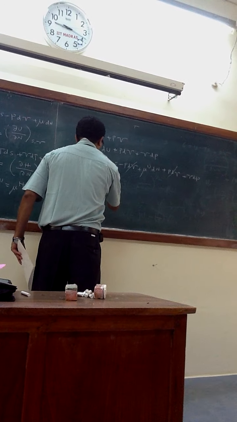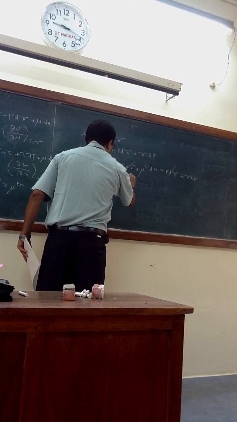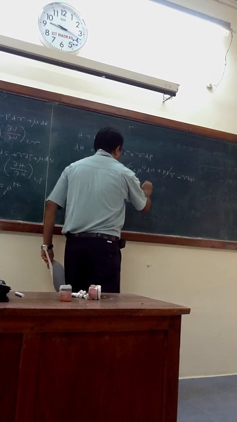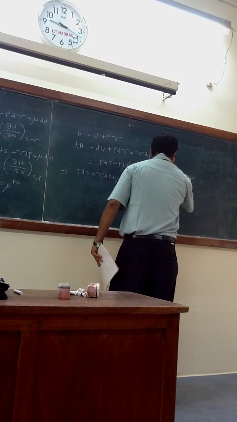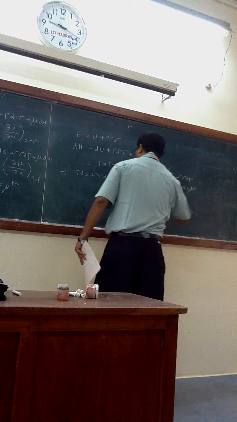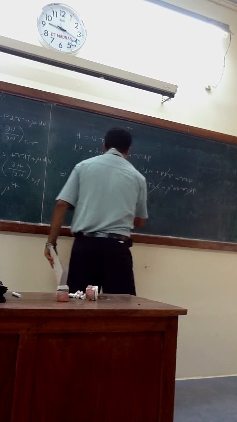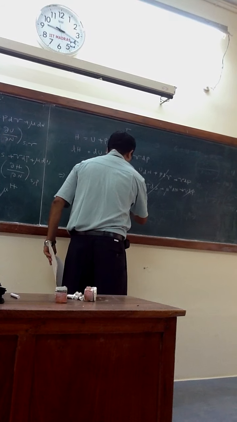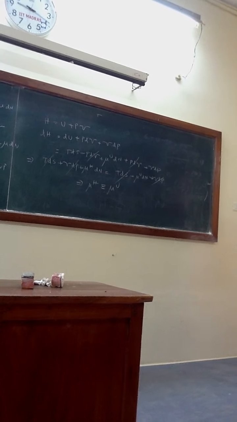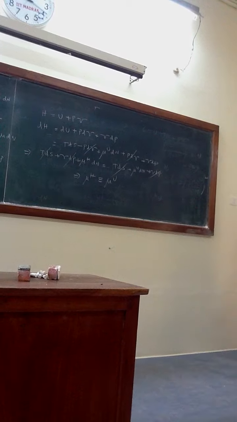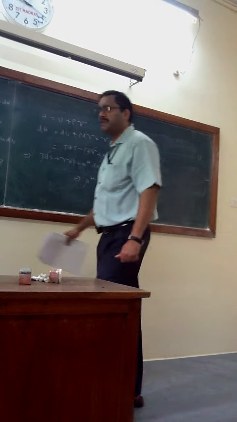T dS plus V dP plus mu_H dN, which is T dS plus mu_U dN plus V dP. V dP cancels, T dS cancels, so it says mu_H equals mu_U. Correct?